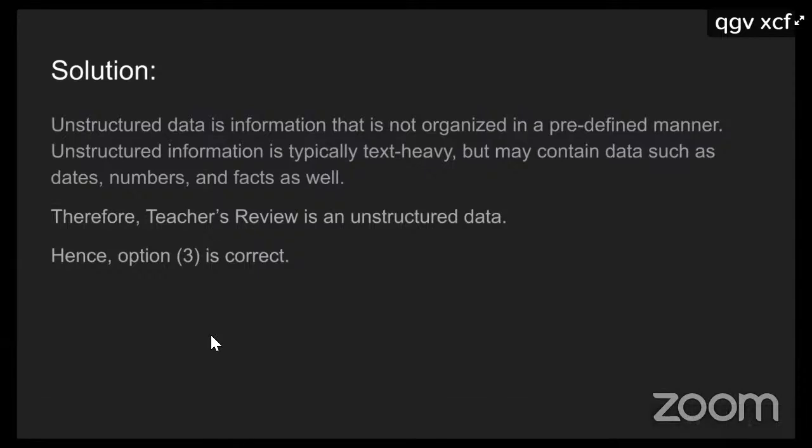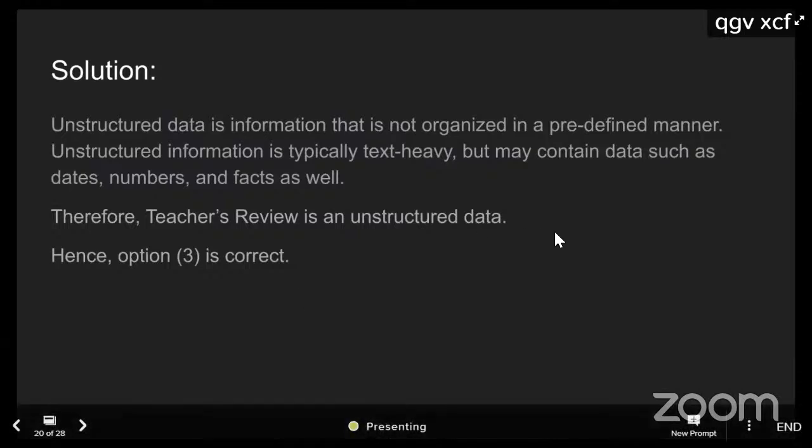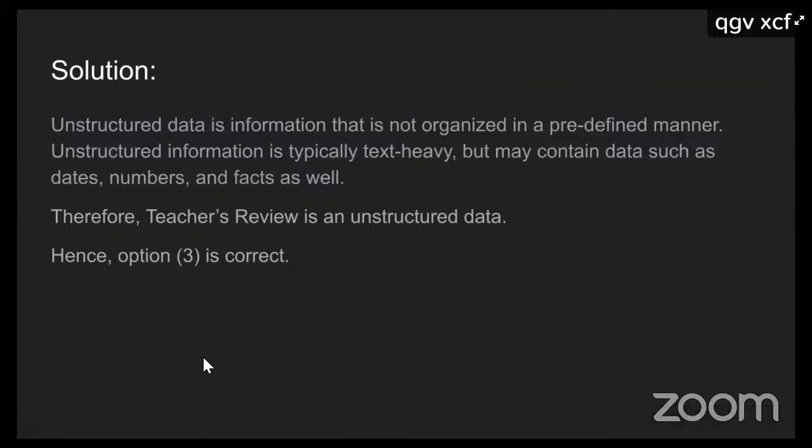For the rest, you can see that there is a boundary. It could be numeric, or strings like a name. You can have predictable data coming into it. Here, as a teacher, I can give my own review, and it is completely unpredictable, with no definite boundary. That's why it is not organized in a predefined manner.